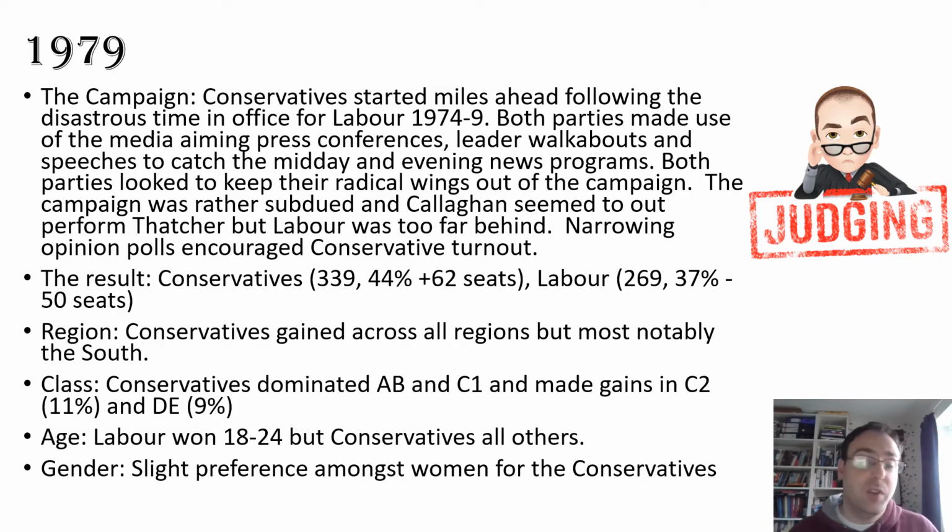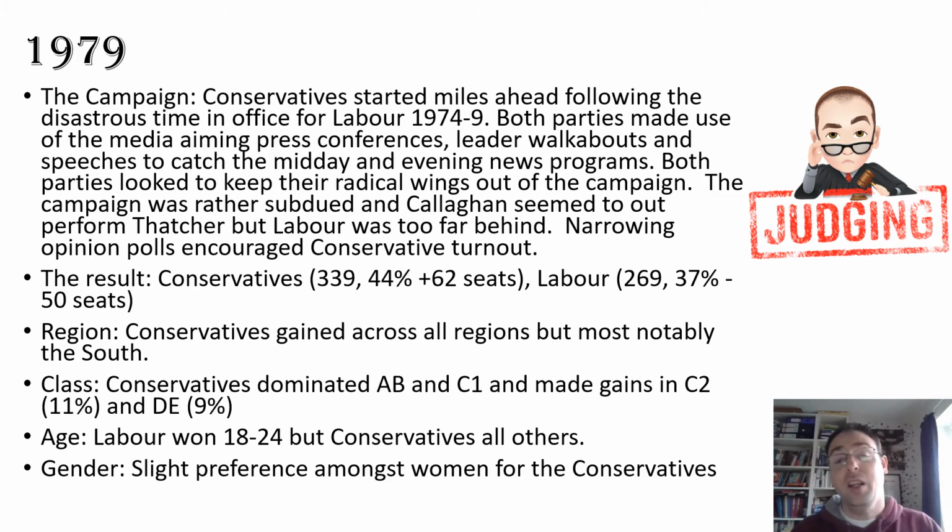Regionally, the Conservatives gained across all regions, but most notably became very dominant in the south. And they continued to dominate the A, B, and C1s in terms of our class system, but they made gains in both C2s, of about 11%, and a 9% gain in D and E as well.